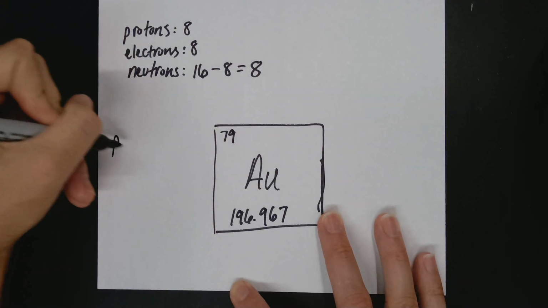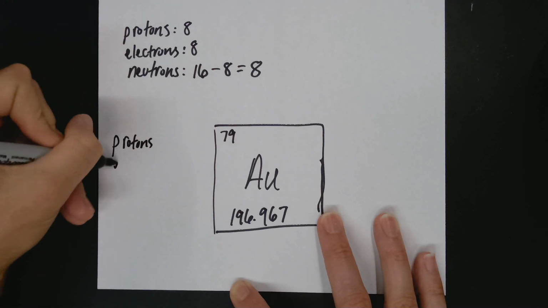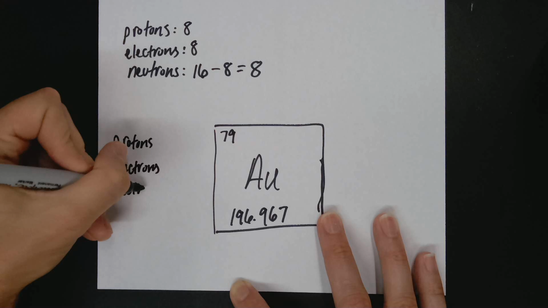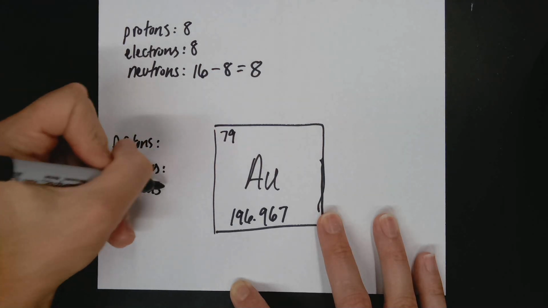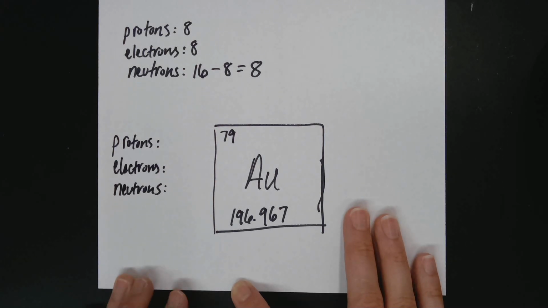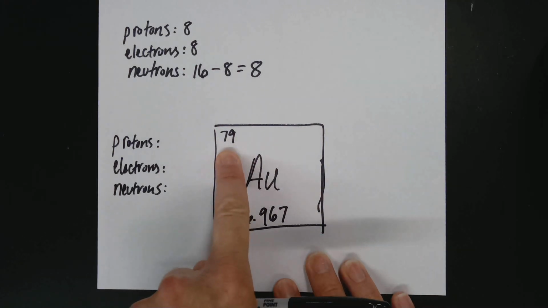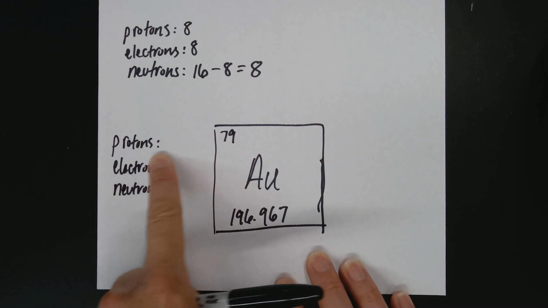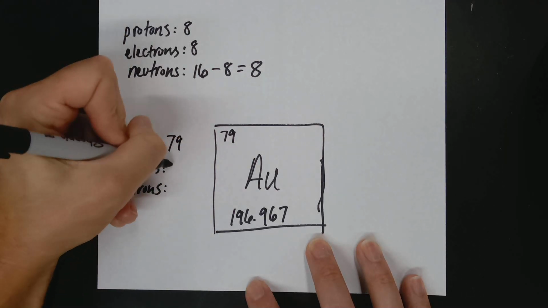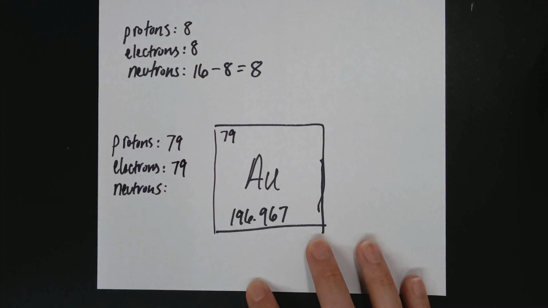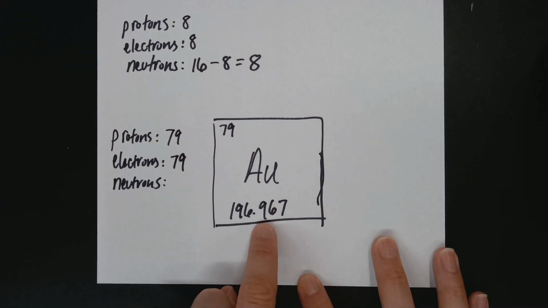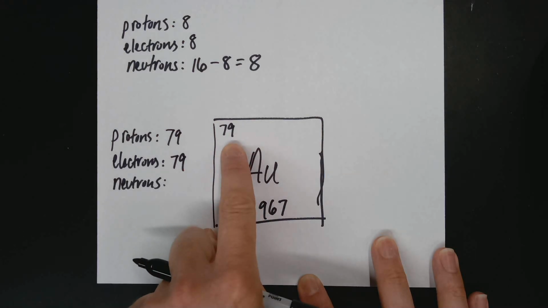If I were to ask how many protons, electrons, and neutrons a gold atom has, you can get all this information from the periodic table. So the atomic number represents the number of protons, and it represents the number of electrons. So a neutral gold atom has 79 protons and 79 electrons. To find the number of neutrons, remember we do the atomic mass minus the atomic number.